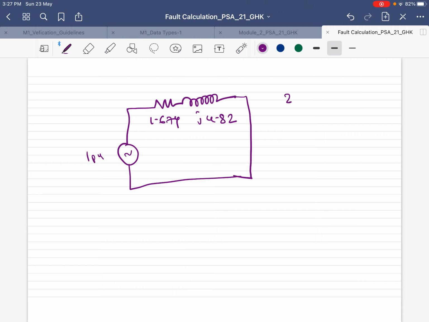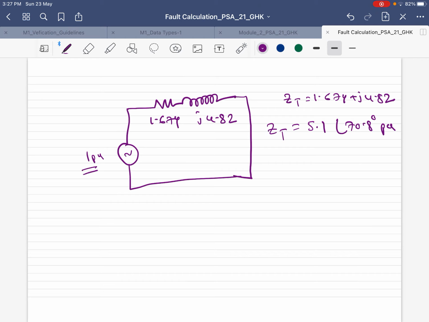That is Z total up to the fault point. If you are expressing it in the polar form, it is 5.1 at an angle of 70.8 degrees per unit. This is the total impedance.